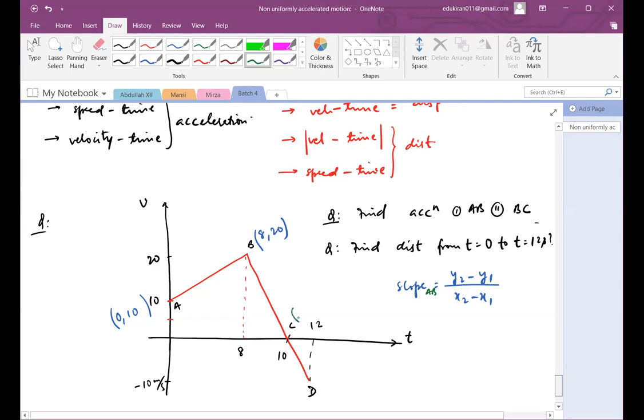The coordinate of this C will be 10 and 0.